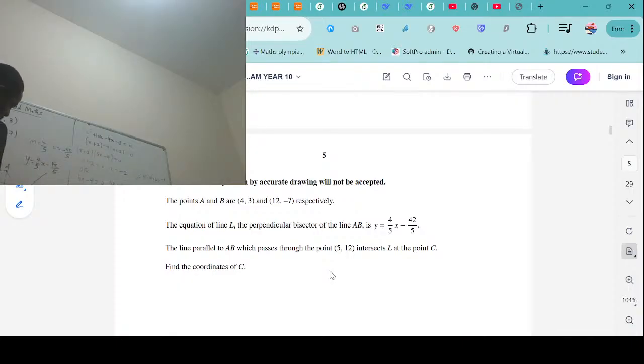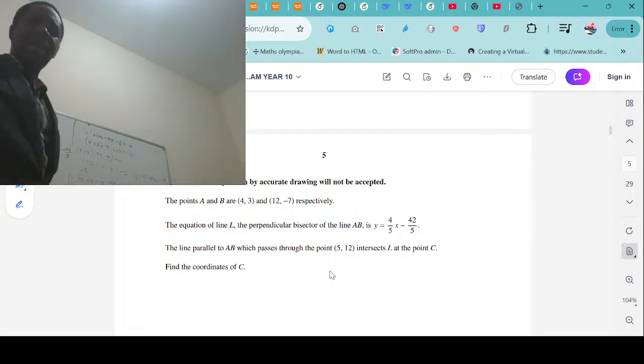So from here to this place is 8, and from here to this place is 2. So that's where the midpoint is located.